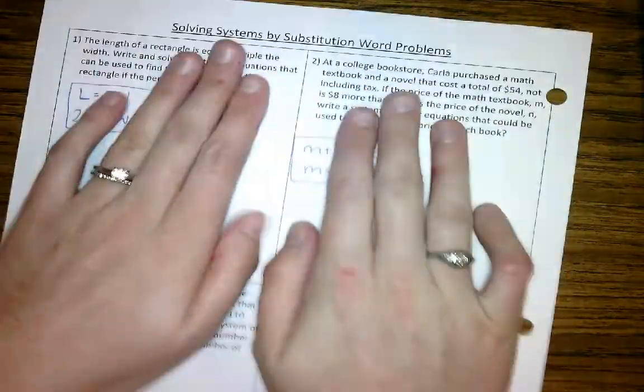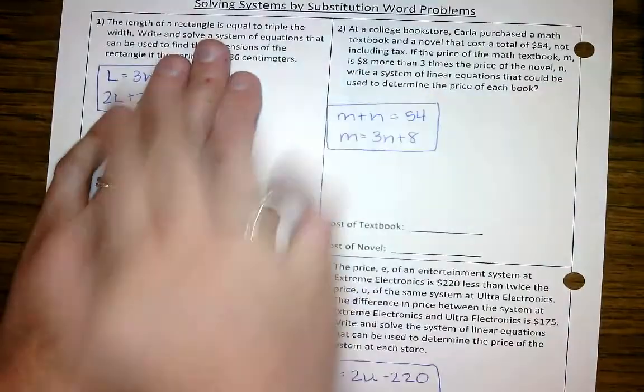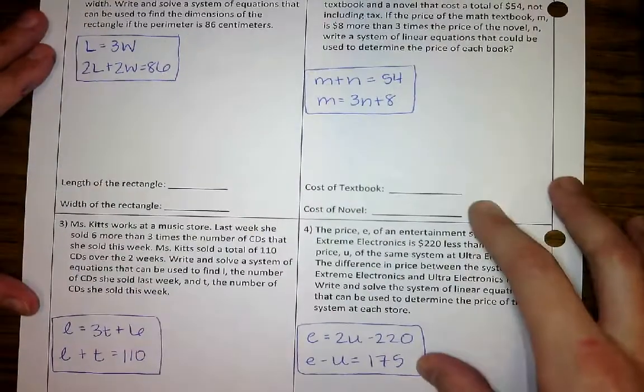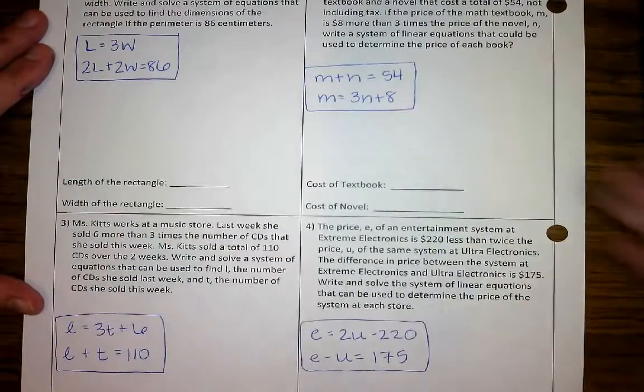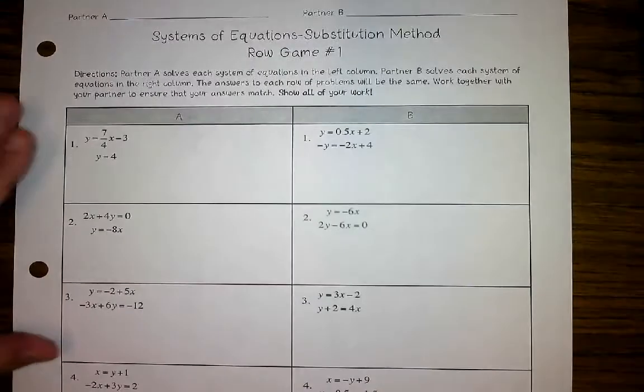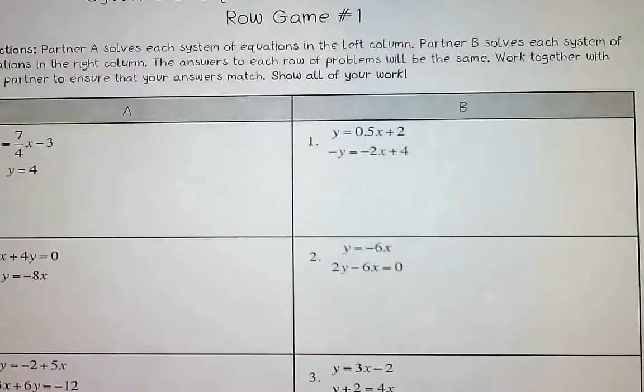Do all 4 word problems. Set them up first and then solve. This is how you set them up. All right? And then you solve them. First, I want you to do the ones on the front, and then we're going to do the ones on the back there. All right?